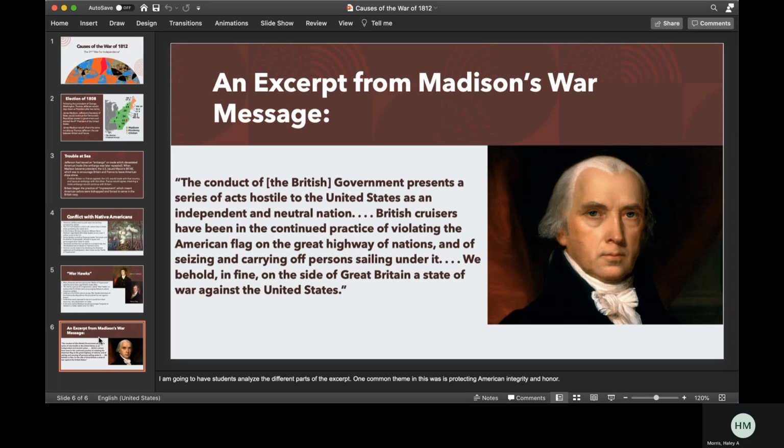So he's saying that British cruisers, British ships, are violating the American flag at sea by doing things such as impressment, and of seizing and carrying off persons sailing under it. And so they're invading these ships, and they're kidnapping these people and forcing them to work for the British Navy.